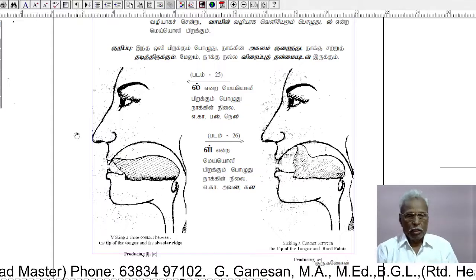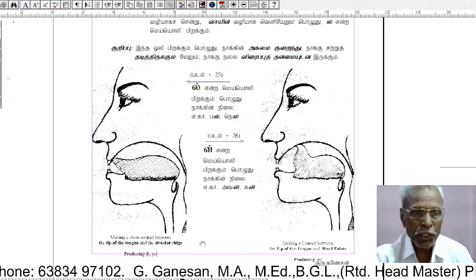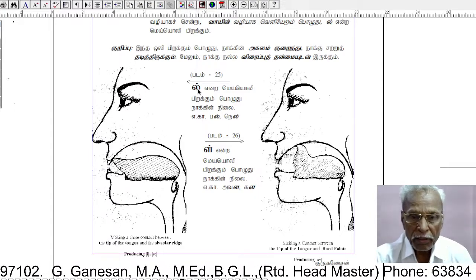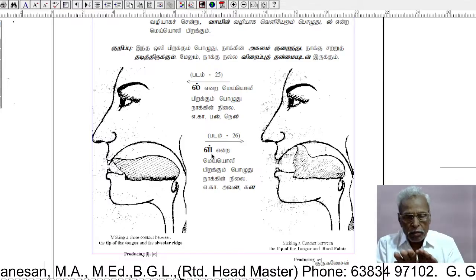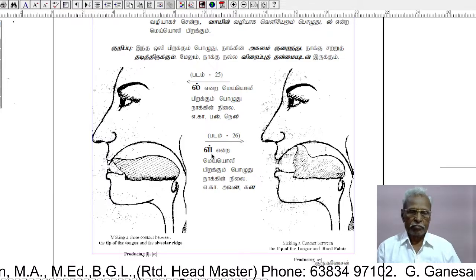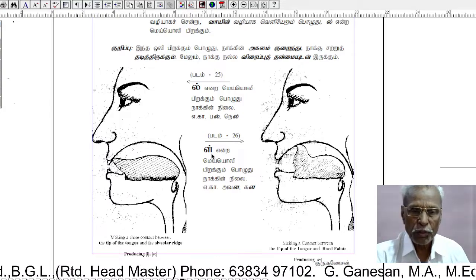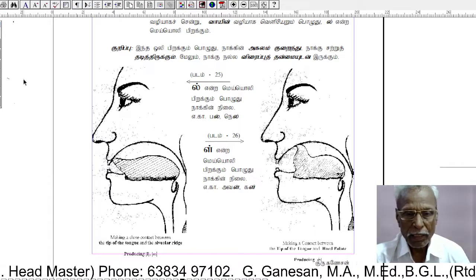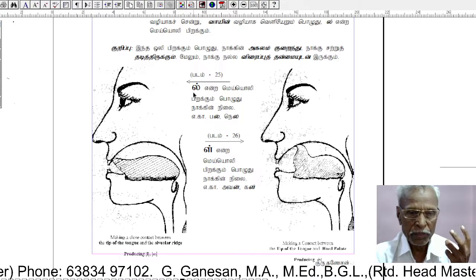Here I have to talk about many things. By character, these two sounds are totally different. You see, in the word kal, it means stone.